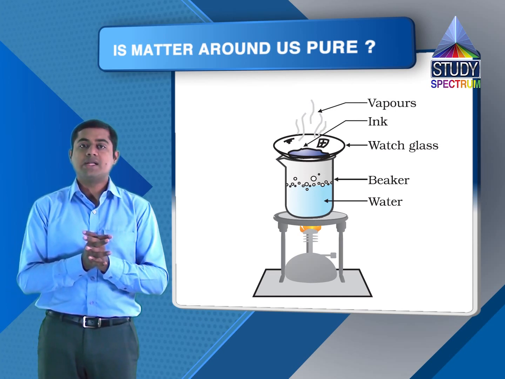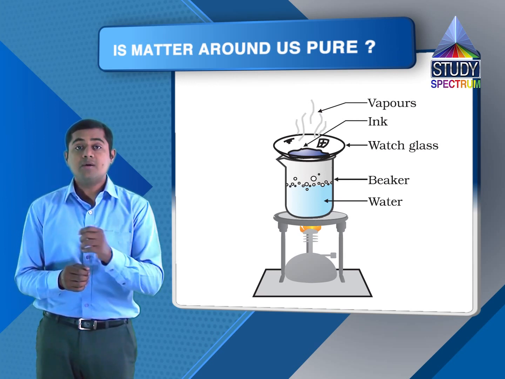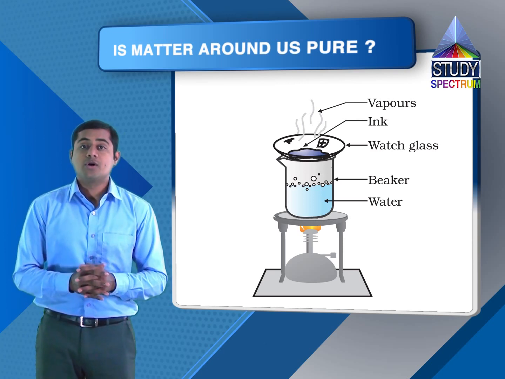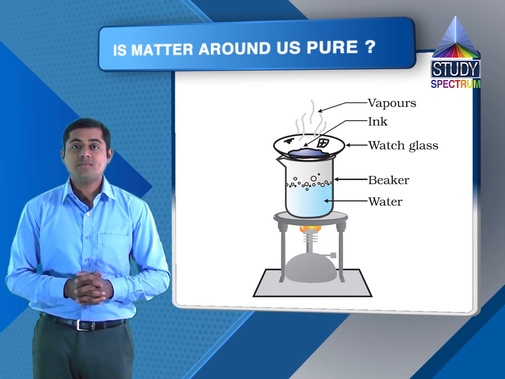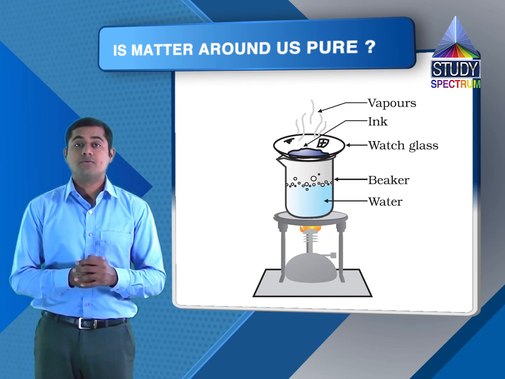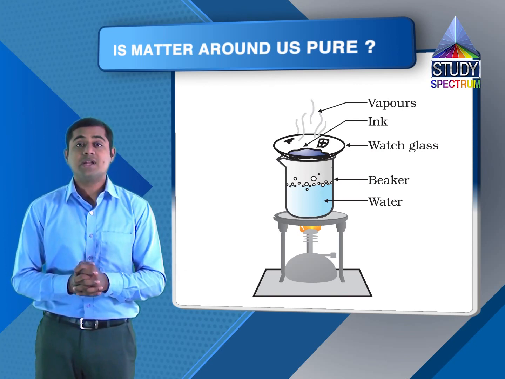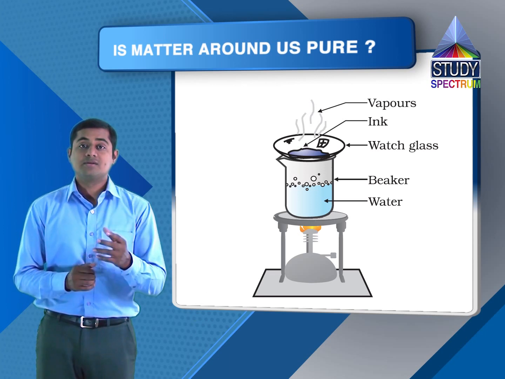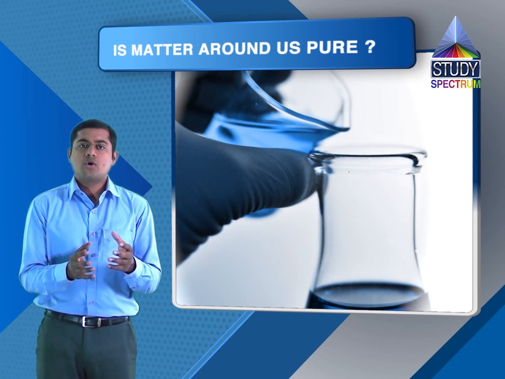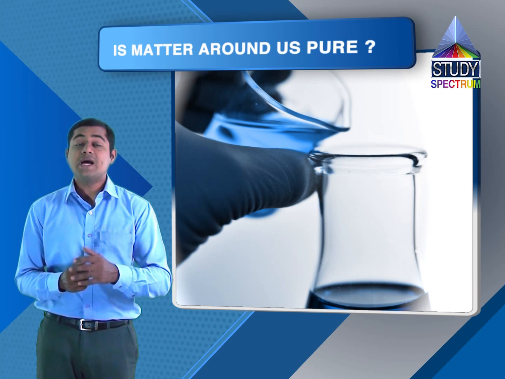The water content of that ink will start evaporating, leaving behind the colored particles, the colored dye, the colored constituent of the ink. This is another way of using the evaporation phenomenon for separating the constituents from a solution when there are volatile constituents in a solution. Where do we use this kind of separation process? Specifically in colored dyes.